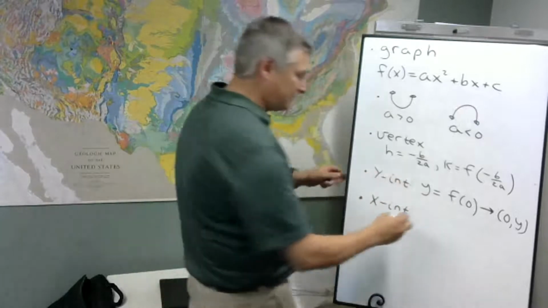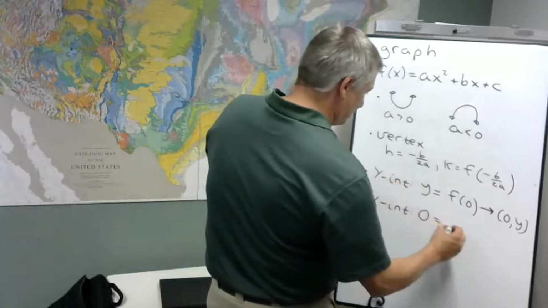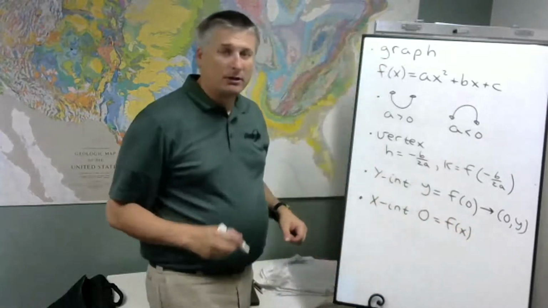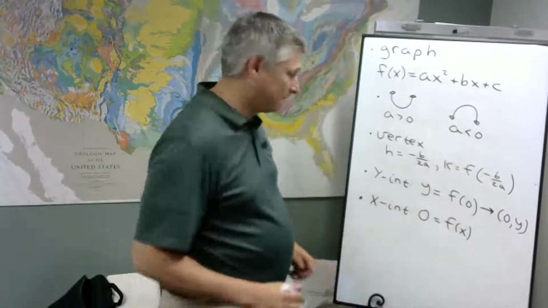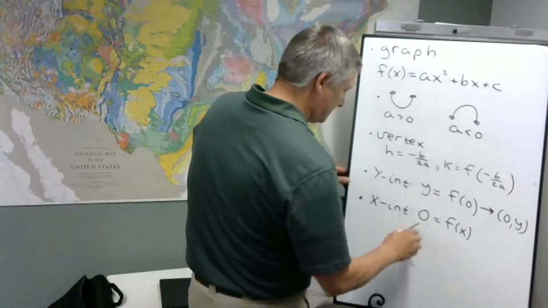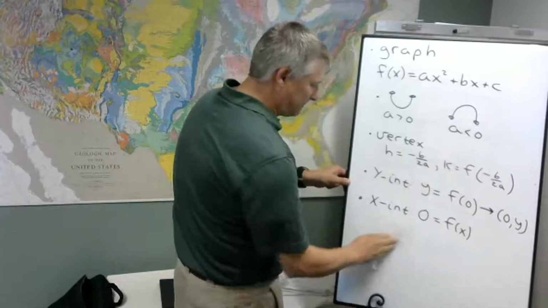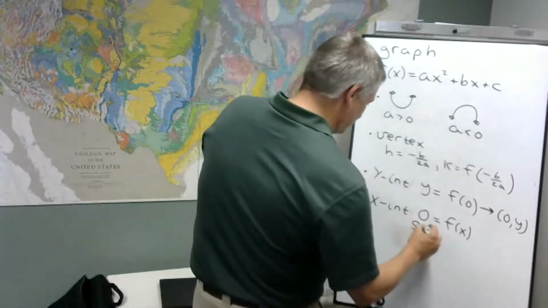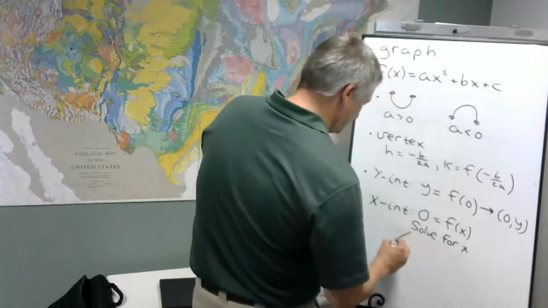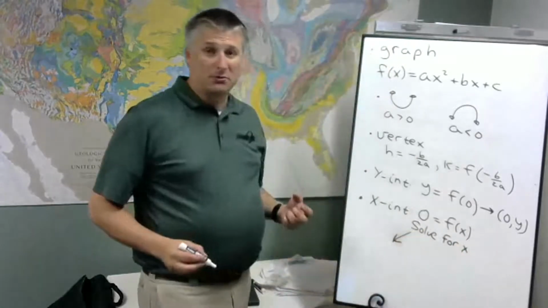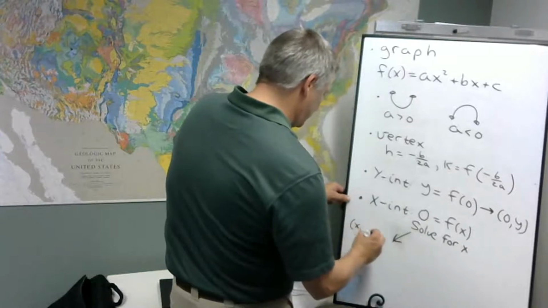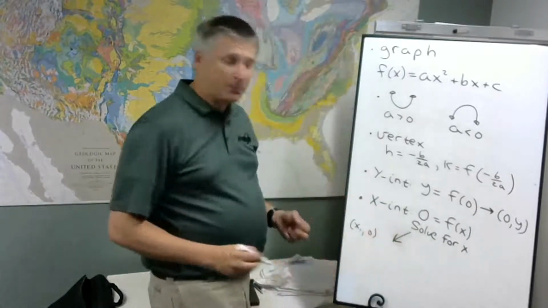In this case, we set f of x equal to 0, and we solve for x. And so we tend to get, we put it this way, we get 3 results. We could get 2 x-intercepts.